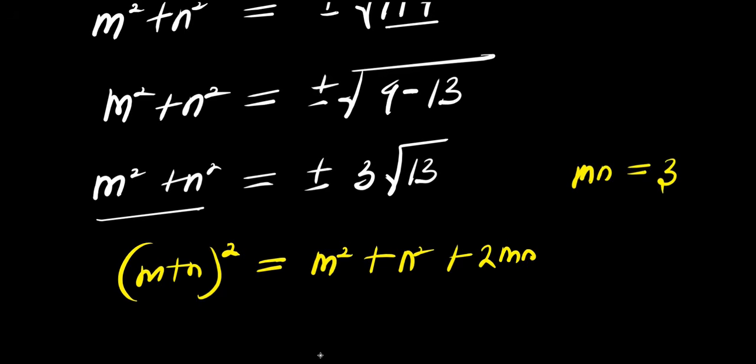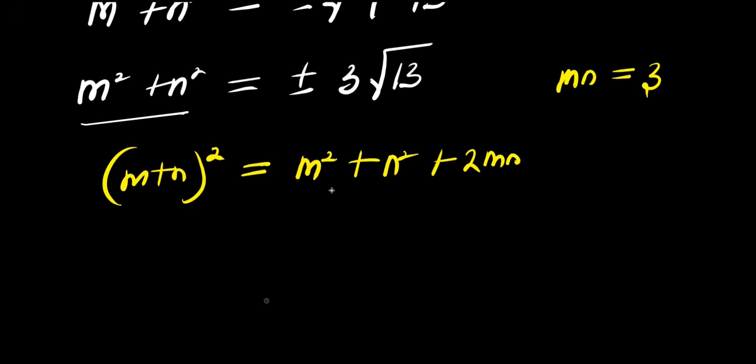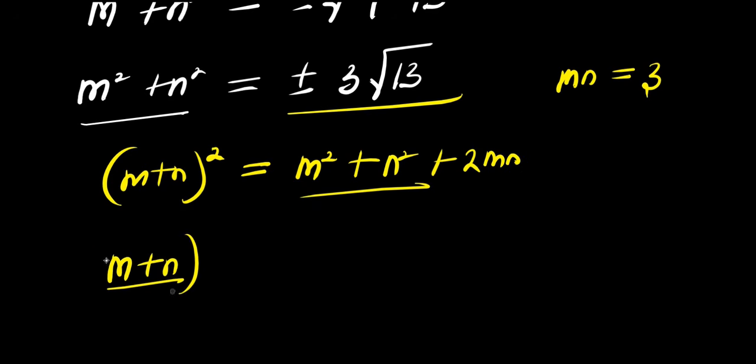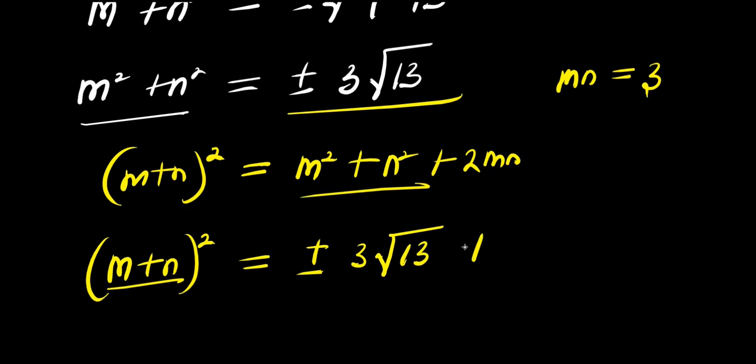And don't forget that this is our m^2 plus n^2. We have (m plus n), which is what we are looking for, squared equals plus or minus 3 root 13 plus 2 times 3. That is mn, that is 3.